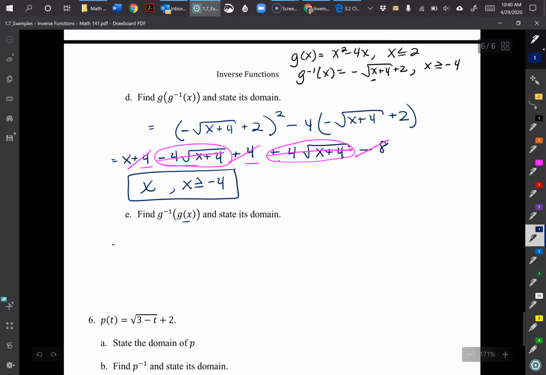So we would have x squared. So we're going to write negative square root of x squared minus 4x plus 4, like that, and then plus 2.